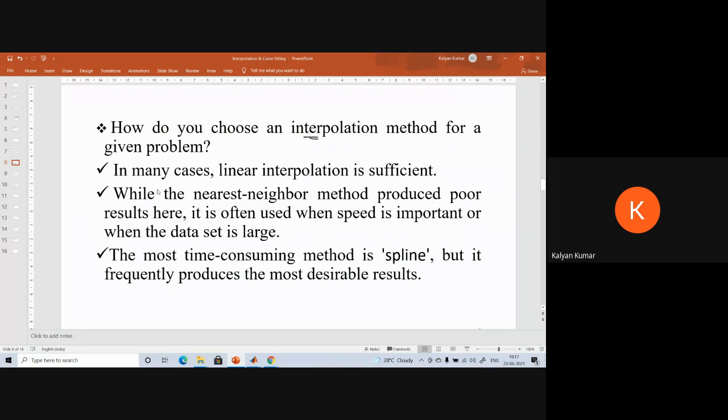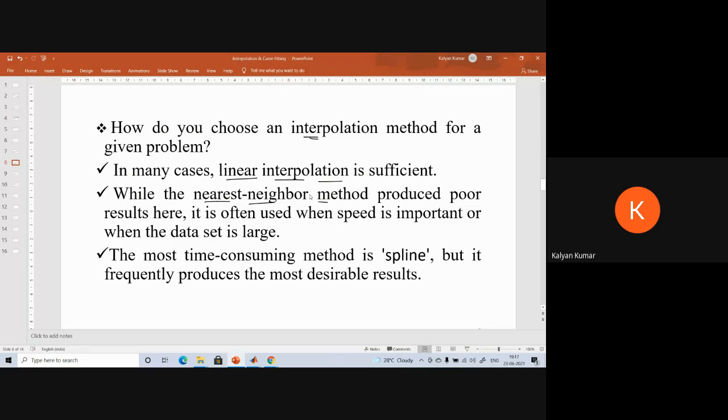In most cases, linear interpolation is sufficient, as it is the default method for plotting the graph. So it is sufficient for most of the problems. But the nearest neighborhood method is going to give a large error, so it is rarely used, but its speed is very high. So it's used whenever the data set is large.